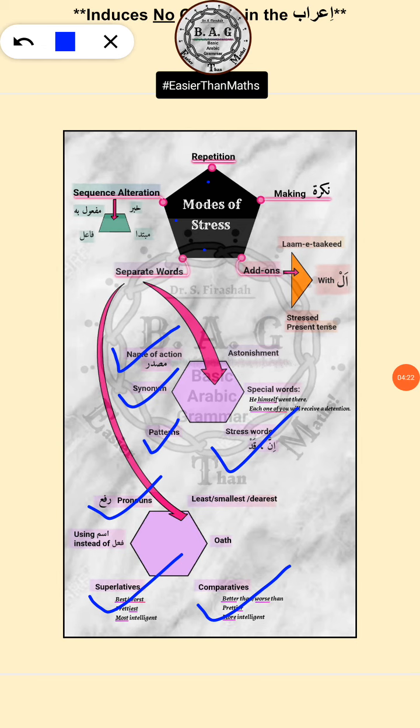Now in this subheading, that is by using the add-ons, we are now going to begin Laam-e-taakeed, and then a subset of Laam-e-taakeed would be studied in the stressed present tense, which would be the next lesson, inshallah. So we are going to cover this portion in this lesson, inshallah.